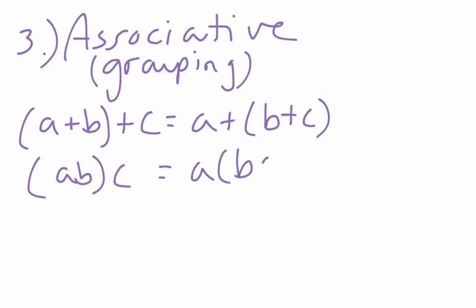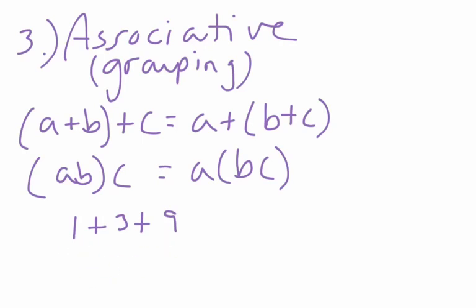That actually allows us to do some pretty interesting things that you probably do without even thinking that you're doing them. So if I asked you to add 1 plus 3 plus 9, you might say, ooh, 1 plus 9 is 10. And then 10 plus 3 is 13, rather than doing 1 plus 3 is 4 and 4 plus 9 is 13.